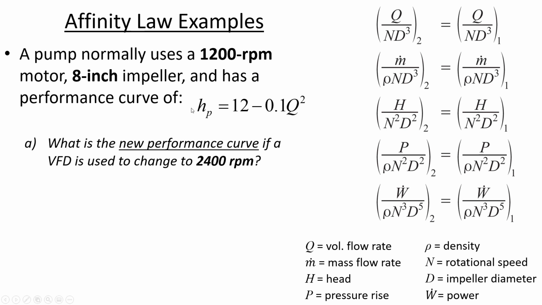And so this given pump head equation that we have is for an 8-inch diameter pump that is spinning at 1200 RPM. All right, so ordinarily, if it's spinning at 1200 RPM, then the pump performance curve, let me write this on the board.